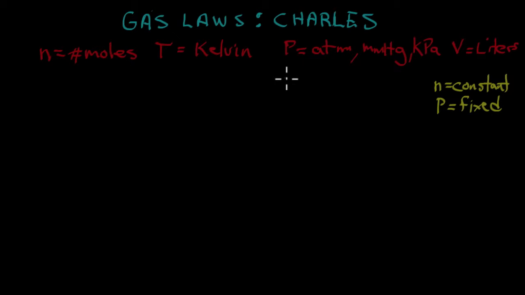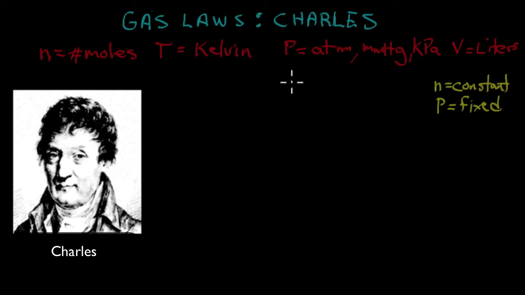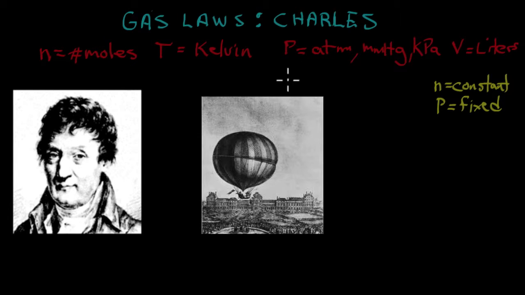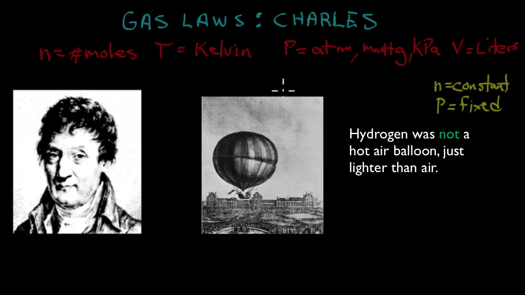In about 1780, in that range, 1785, a French scientist by the name of Jacques Charles made a discovery while exploring hot air balloons. At that time, there were a lot of hot air balloons across Europe, and he made enough hydrogen that he made the first hydrogen balloon.